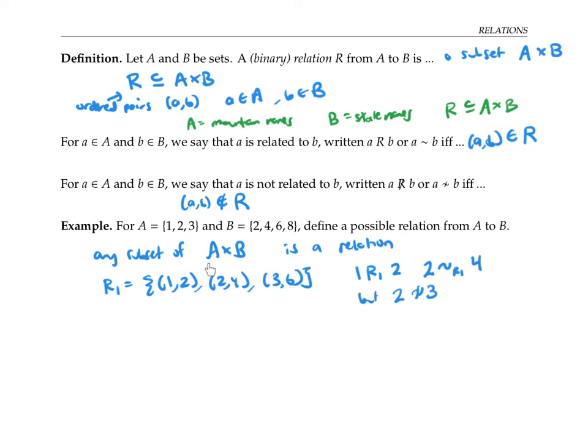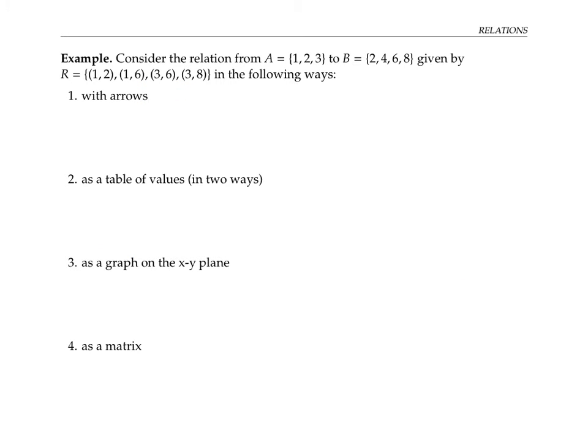in my relation. Here's another example of a relation between the same set A and the same set B. It's given by this collection of 4 ordered pairs. In addition to representing the relation this way, in set notation, we could represent it with arrows. This is kind of like the way we represent functions sometimes.